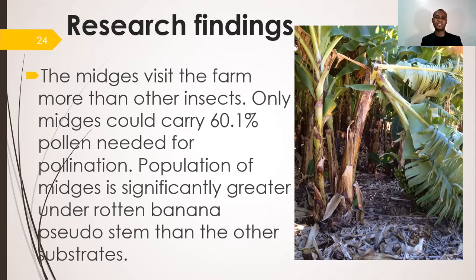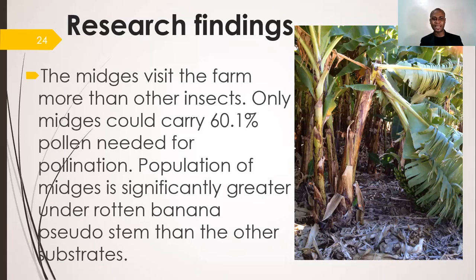Midges visit the farm more than any other insect. Okay? And only midges could carry 60% of the pollen needed for pollination. So what that means is that for the entirety of pollination on the farm, the midges carry about 60% of the pollen grains, which means that the population of midges is significantly greater, okay?